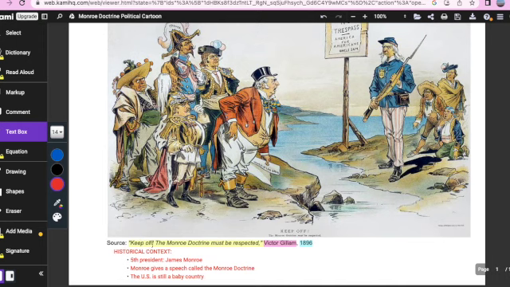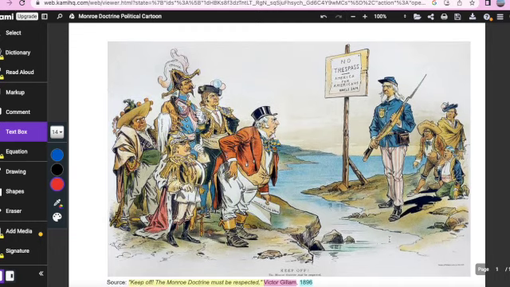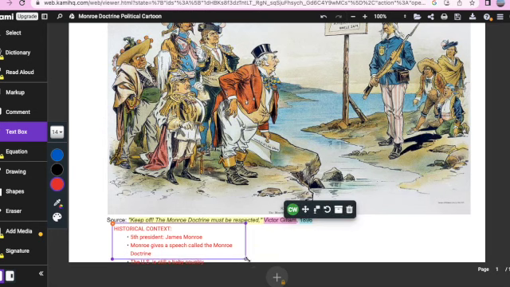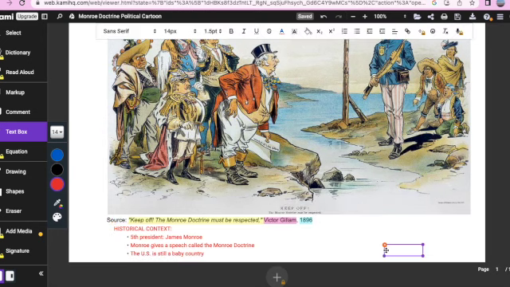So we source the document, keep off, the Monroe Doctrine must be respected. We have the historical context. The Monroe Doctrine was a speech given by our 5th president, James Monroe, during a time where the United States is still a baby country. And also, let's see. Yep, okay, I'm going to leave it at that for now.